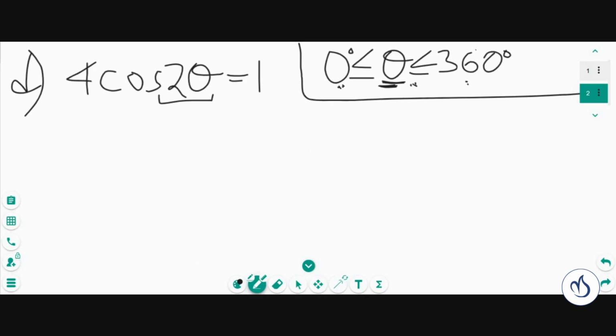Because the range that I have is for only 1 theta, but these are 2. So 0 times 2 just gets 0. Then theta times 2, I get 2 theta. And then when I multiply 360 times 2, I will have 720 degrees.